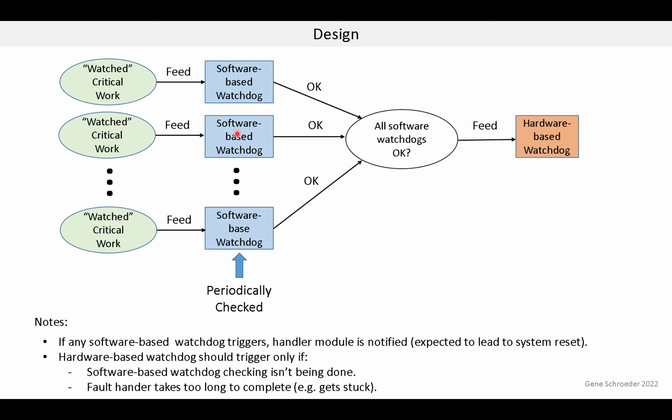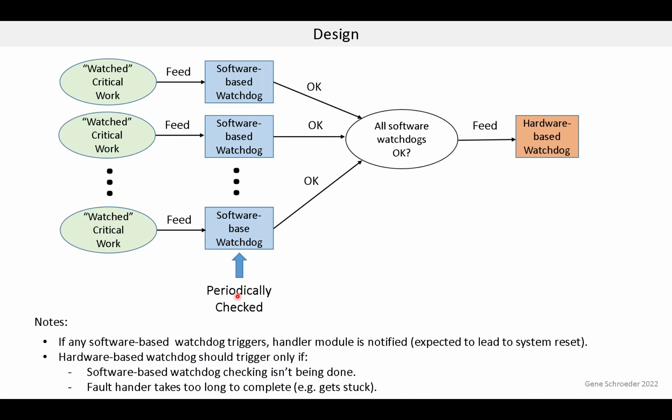Now let's look at some more interesting failure scenarios. As the first failure scenario, let's say this periodic checking of the software watchdog stops happening for some reason. Something got messed up. This is a serious problem because our watchdogs are no longer being checked.